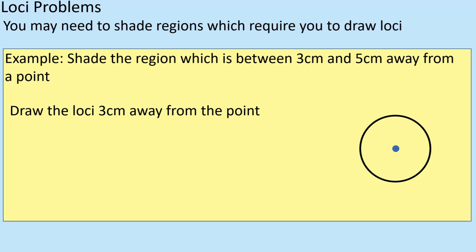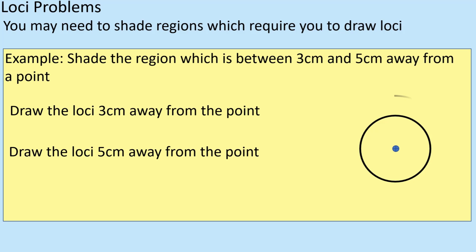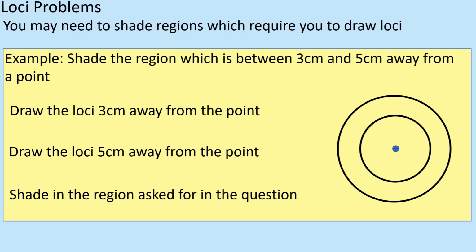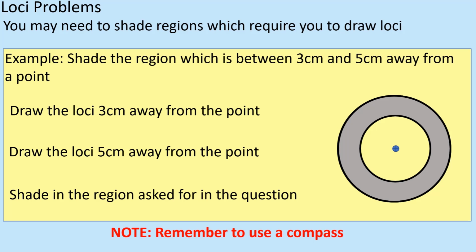First 3 centimetres, so anything on that line is 3 centimetres from the point. Then one which is 5 centimetres from the point, another circle. And if I'm shading the region between 3 and 5 centimetres, I'm just going to shade the bit that's in between.